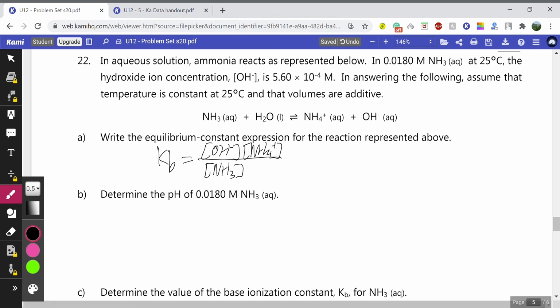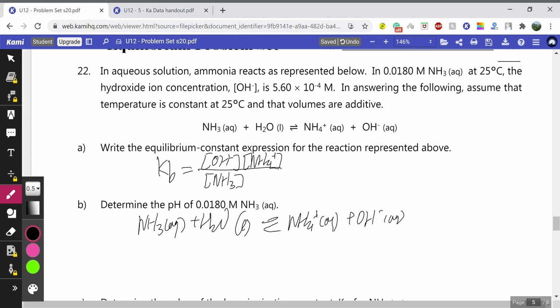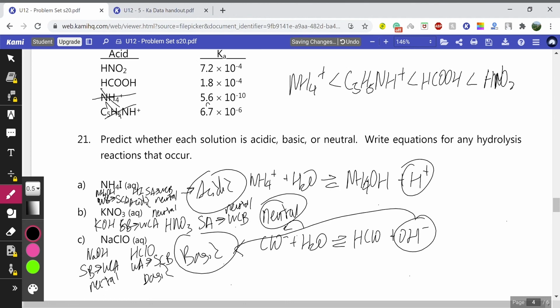Part B, we determine the pH of 0.10 molar. So we're going to write our equation again. H2O liquid, in equilibrium with NH4 plus aqueous plus OH minus aqueous. Oh, and up there, I think it's best if I include all the states of matter: aqueous, liquid, aqueous, aqueous.